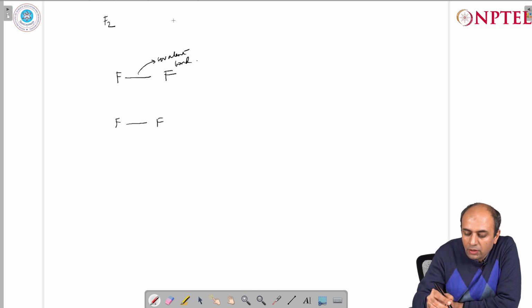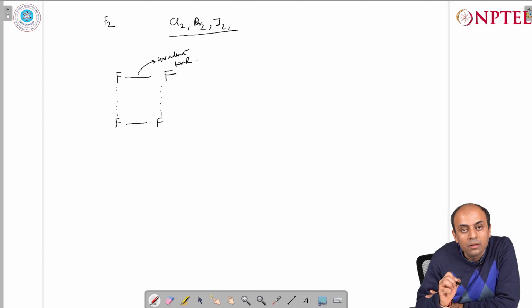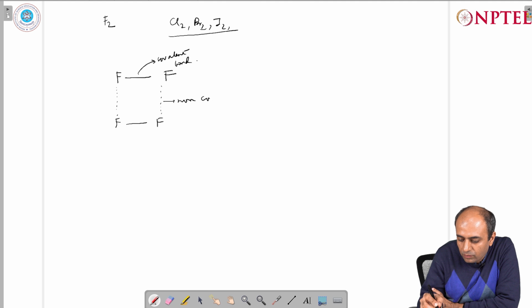We can also consider chlorine, bromine, iodine, the heavier halogens as well, and now we allow these two molecules containing fluorine atoms to interact with each other, and the dotted line represents the interaction, that is, the non-covalent interaction, and this is the covalent bond between the two fluorine atoms.